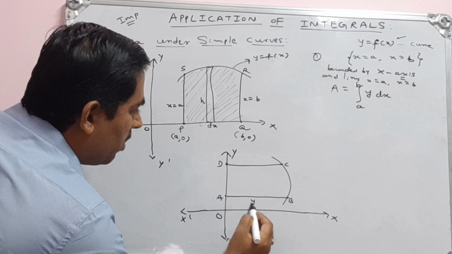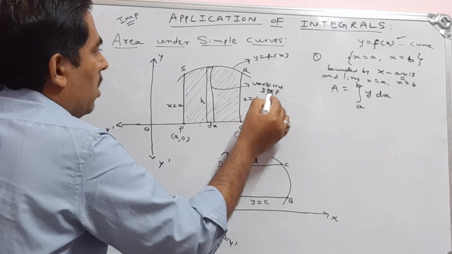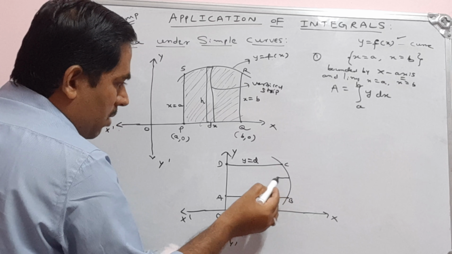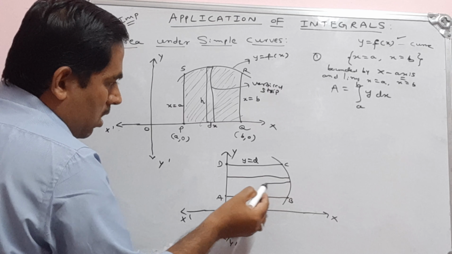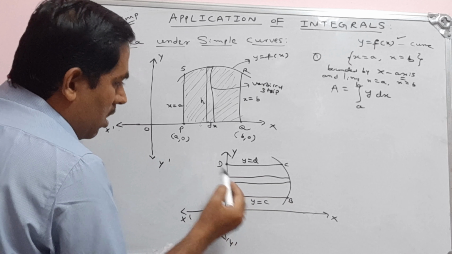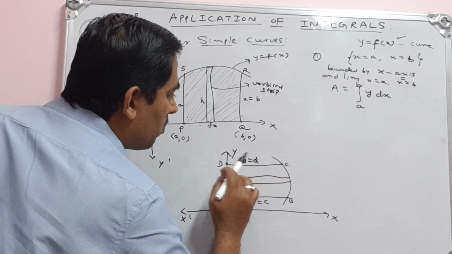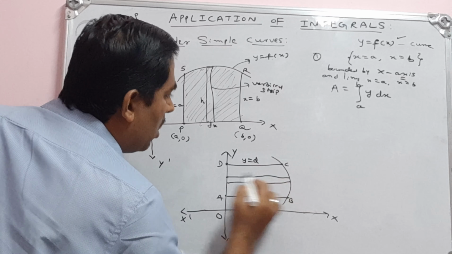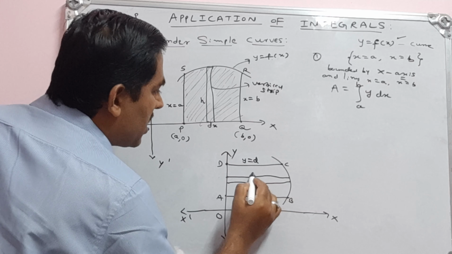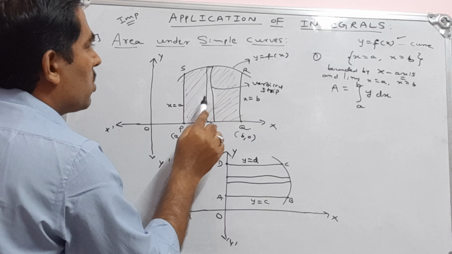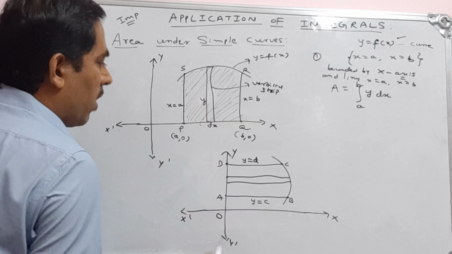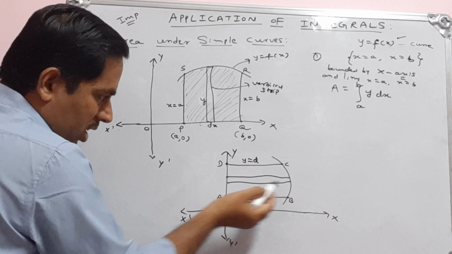Now here I have considered a vertical strip and found the area of that. Similarly, I will now consider a horizontal strip. Its height I will consider as y, so this is a horizontal strip.